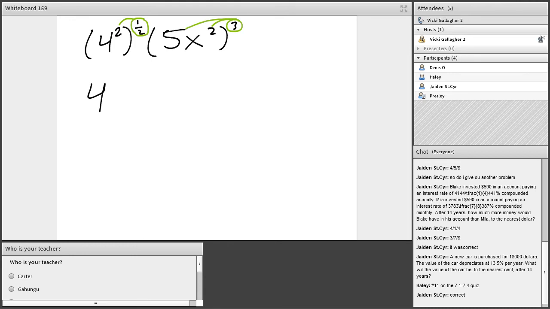So the 4 already had an exponent of 2, and that's going to get multiplied with the 1/2. And then this 5 did not have an exponent, so I'm just going to give it an exponent of 3. But the x did have an exponent, and so I'm going to multiply that with the 3. So if there's already an exponent, multiply them together. And if there's not, just give it an exponent.